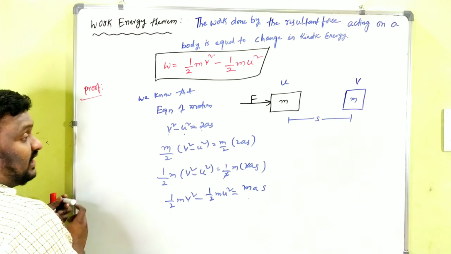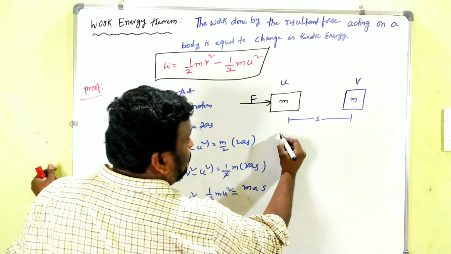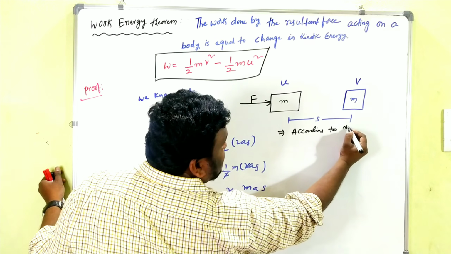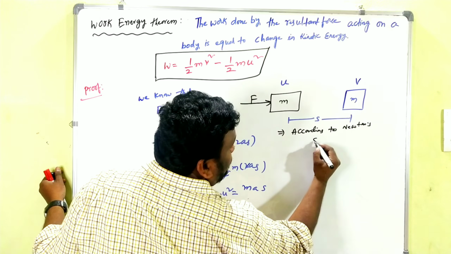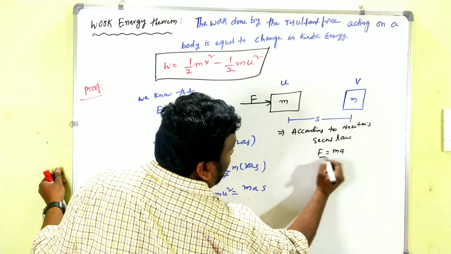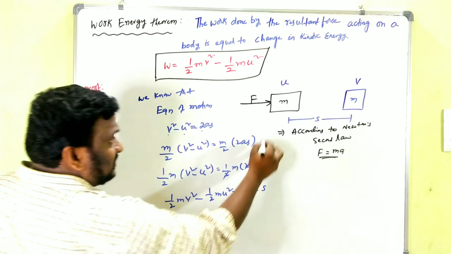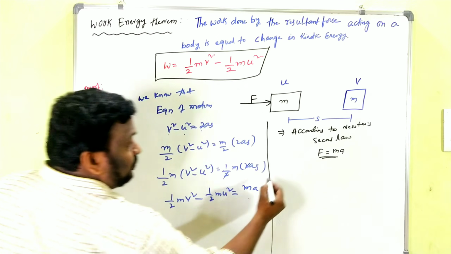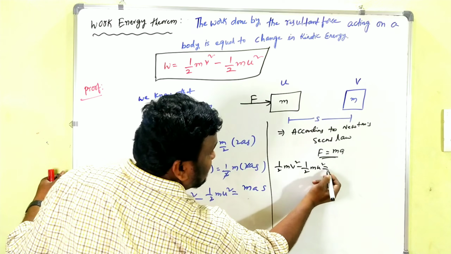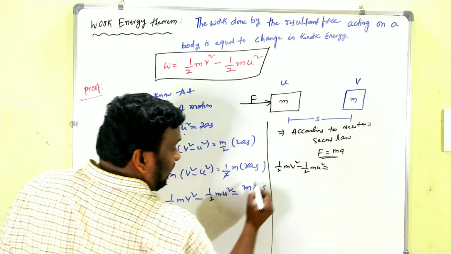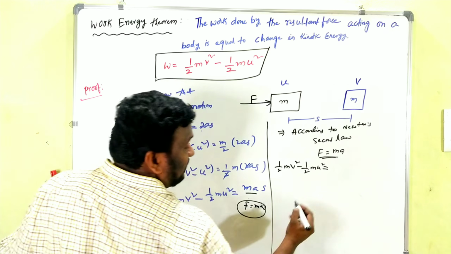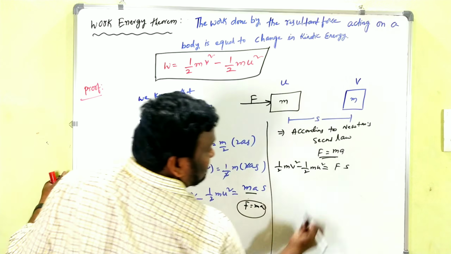So children, according to Newton's second law, f equals ma. That's why in this formula you will write half m v square minus half m u square equals, instead of ma, f, into s.